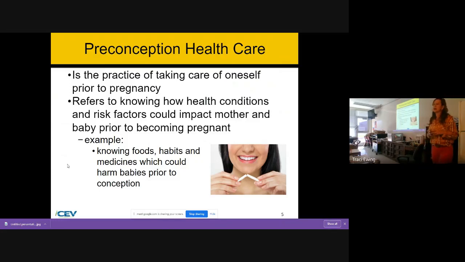If you're diabetic, it can cause highs and lows in your blood sugar, which can transfer to the baby and cause problems. So you have to pay attention to all of that. And so it's really important if you have some of those issues to plan your pregnancies. And it's best to plan those with your doctor so that everything is ready to go. So you would need to know your food habits, medicines, anything that could harm a baby you would want to prevent.